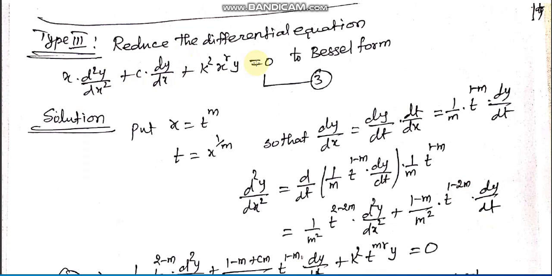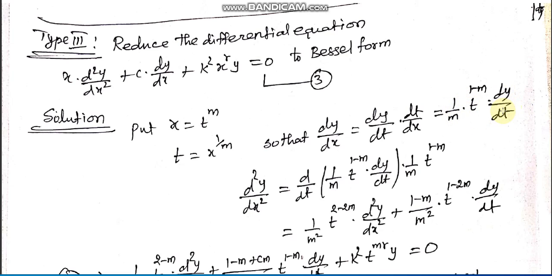Okay, so the next, type 3, the differential equation is in this form. Now we reduce it to Bessel's form. For that we put x equal to t power m. Here t is equal to x power 1 by m. So dy by dx equals dy by dt into dt by dx. From t equal to x power 1 by m, we can find dt by dx in this form: 1 by m t power 1 minus m.